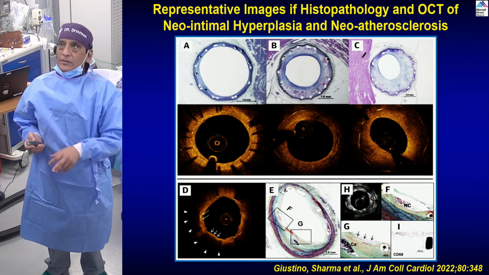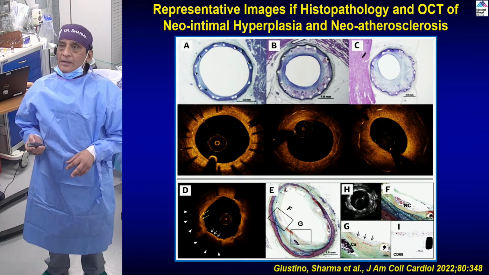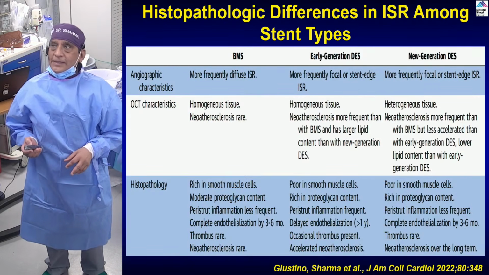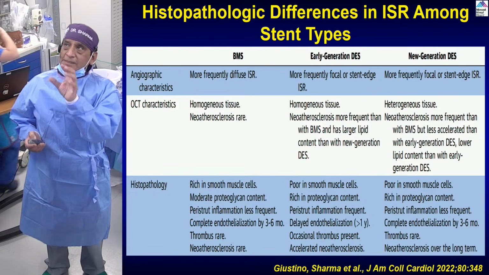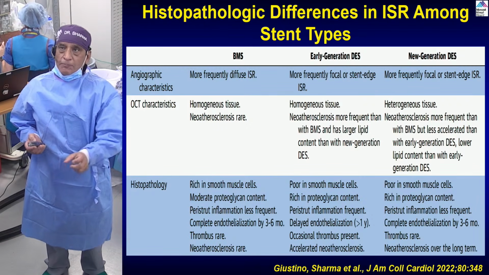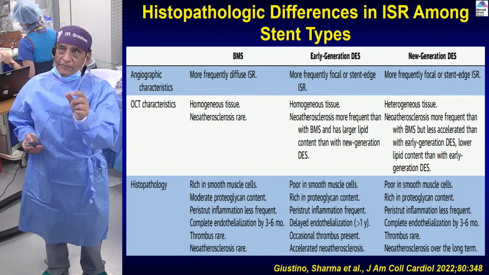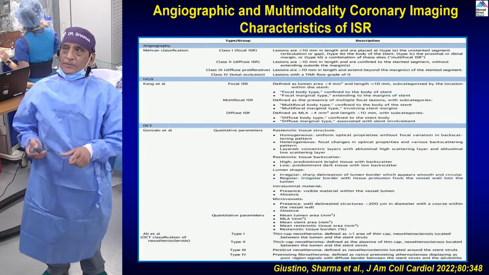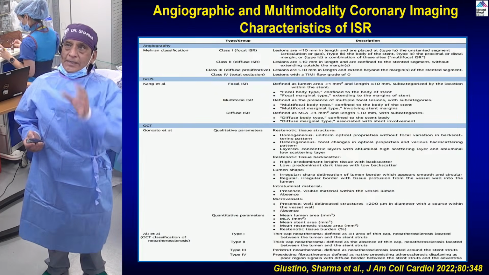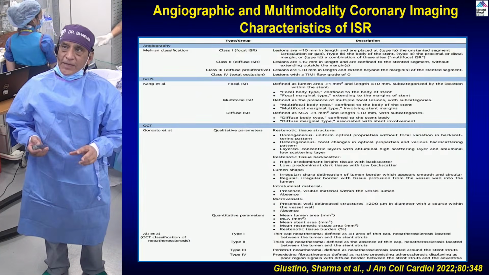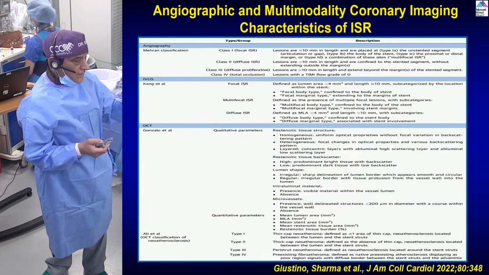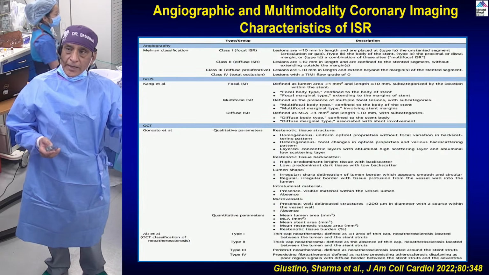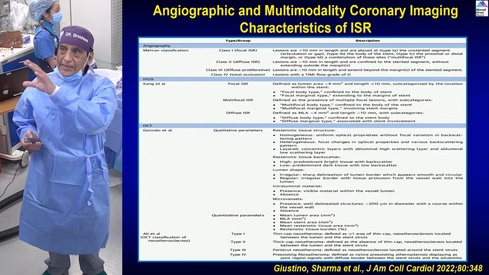And of course, we know the histopathology is a little different, whether it's a drug-eluting stent or bare metal stent or first generation. The key is that the various characteristics of ISR we have put down in terms of angiographic, OCT, histopathology, and more important, the original Mehran's classification. Now, based on the imaging, you have a different physiological subset and phenotype, and that is the characterization.